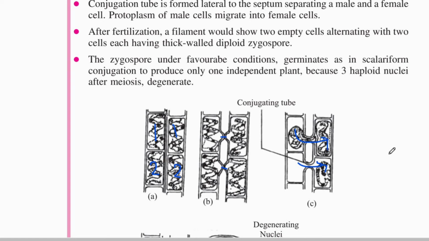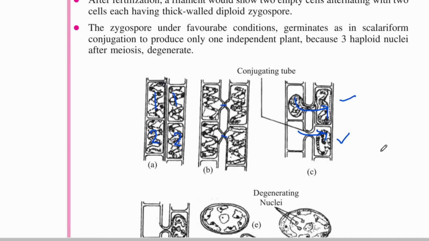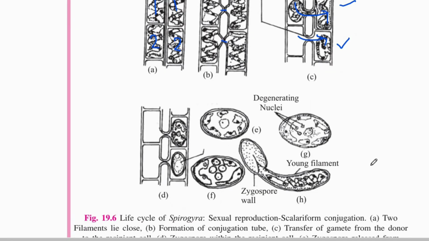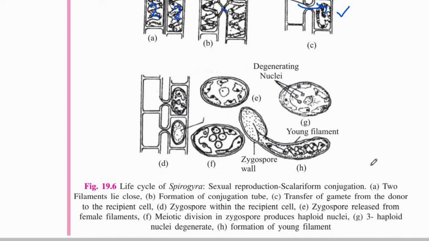And after fertilization, in either cell also, a thick walled diploid zygospore is produced, and it tides over all the unfavorable conditions, and on return of favorable conditions it germinates and produces 4 haploid nuclei. 3 of them degenerate, and only one will undergo germination and mitotic division, and give rise to the entire Spirogyra plant.